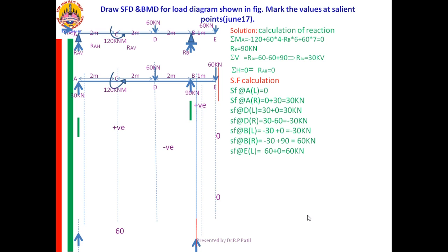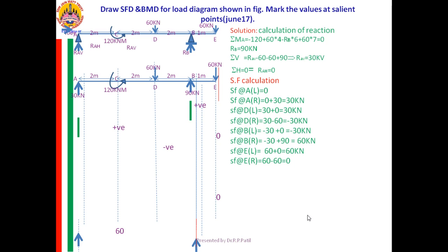Already plus 60 is there, and minus 60 enters, so plus 60 minus 60 will become 0. Like this, if you do it, effort will be minimum and you will come to know whether your calculation is right or not. Okay friends, now we have done all the calculation for the SF.